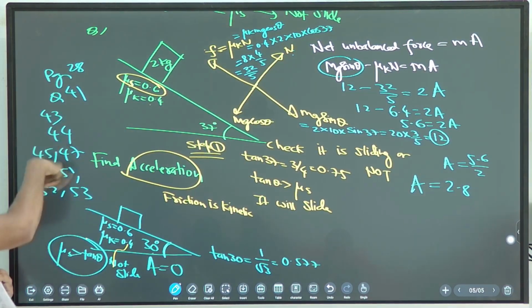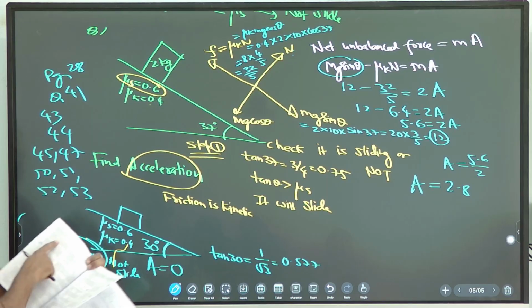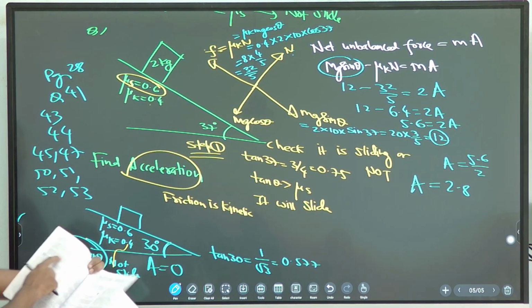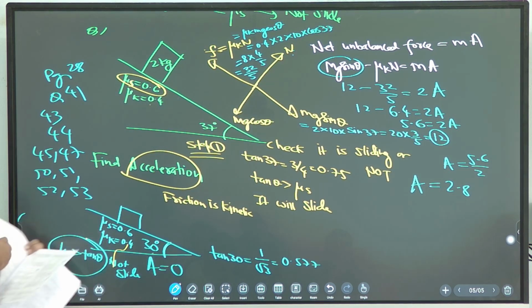You can solve all questions. Heavy chain question is there, heavy chain, inclined plane, 56, 55.